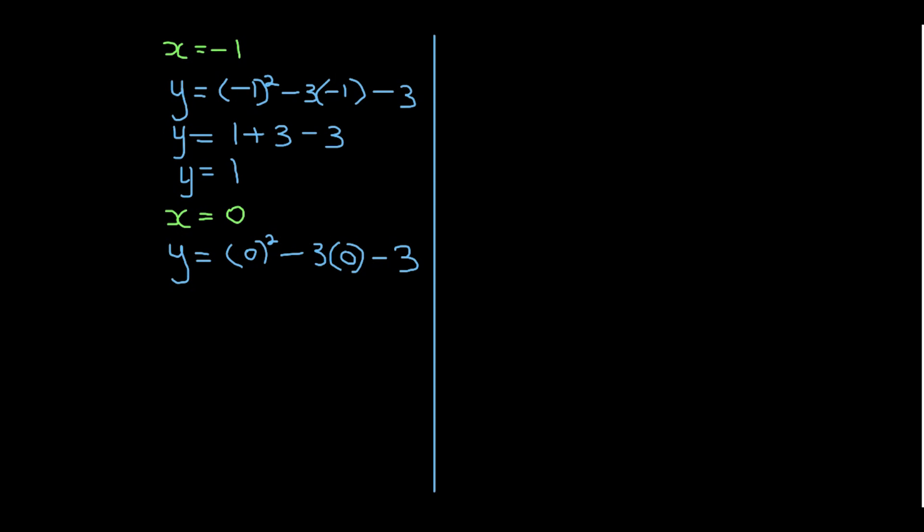What happens to the graph when x is equal to 0? There we go. That's correct. So whenever x is equal to 0, that's when our graph will cut the y-axis.